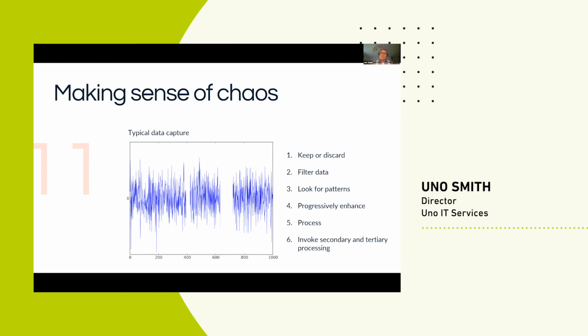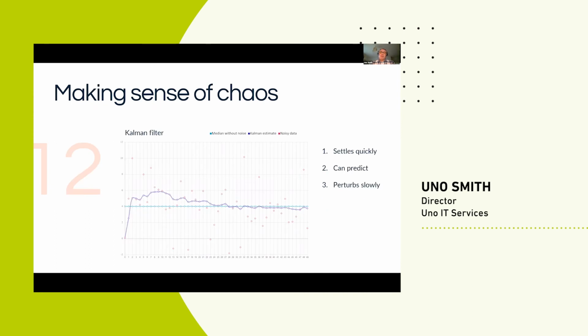Right. So I'll give you an example of a filter. Common filters are part of the Bayesian filter family, and the data are those little round dots. That sort of represents the chaos that you see. We instinctively know that there's a median in there somewhere. If we could see what the median was, it would be that blue line, and then the purplish line is the Kalman filter output.